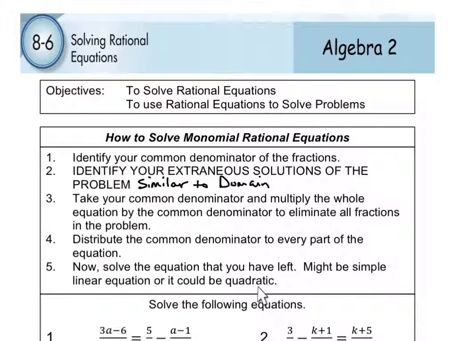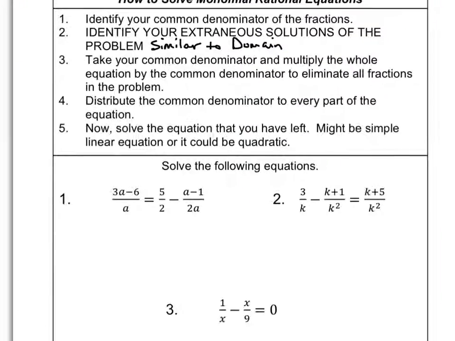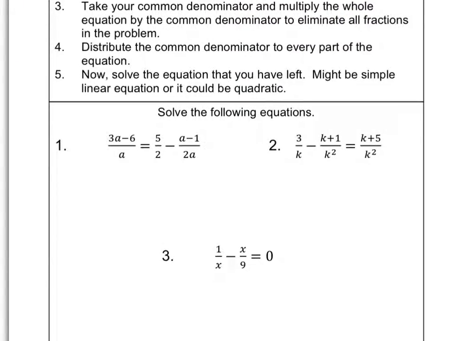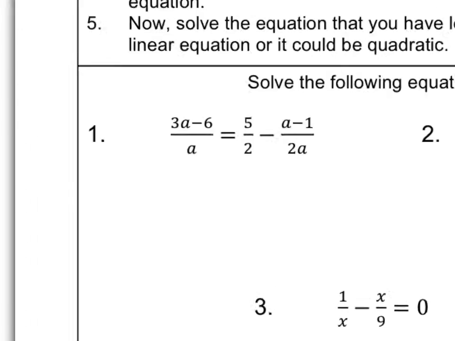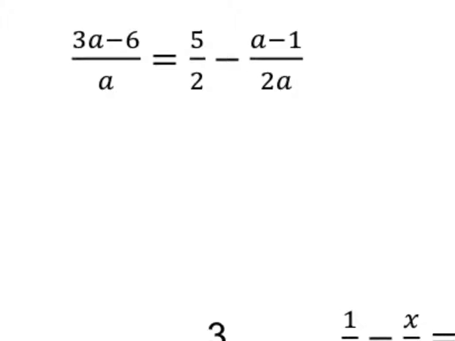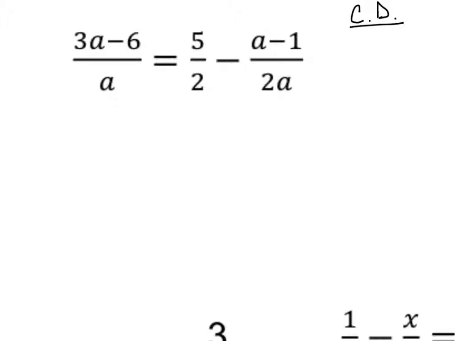Let's take a look at the examples, and we'll start with example number 1. We've got 3a minus 6 over a equals 5 over 2 minus a minus 1 over 2a. First thing we want to do is figure out our common denominator. The parts of our denominator are a, 2, and 2a.